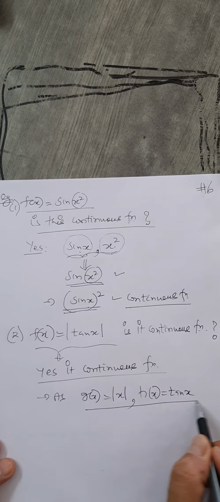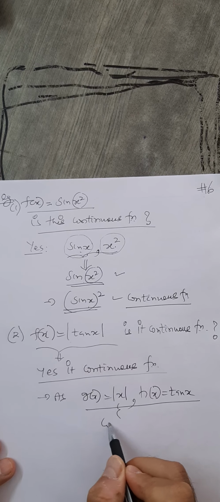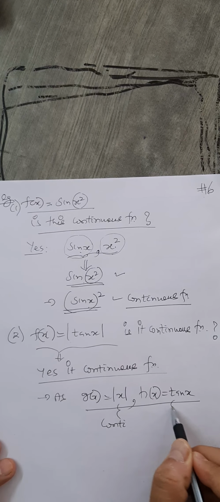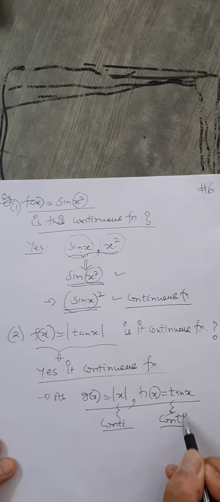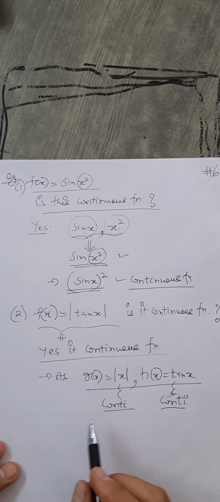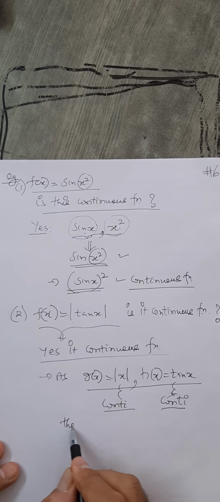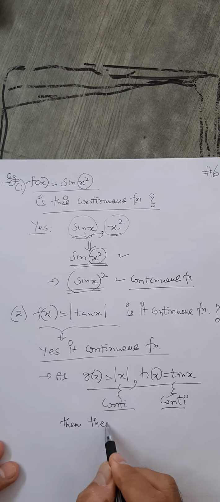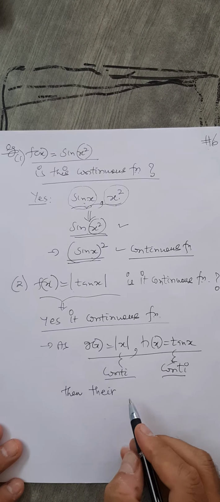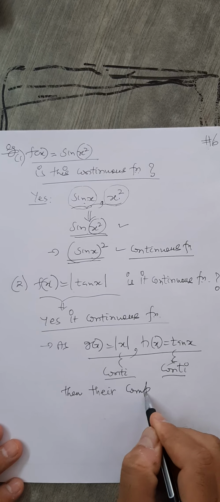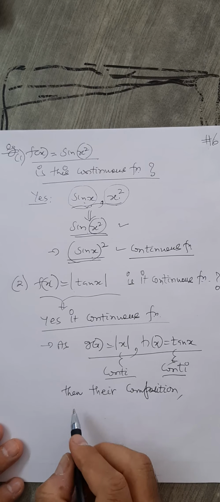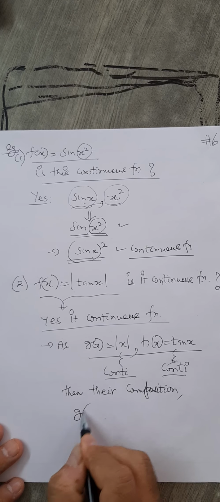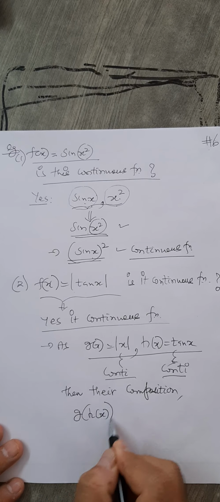Now you find their composition. You know modulus is always a continuous function. You know tan x, being trig, is always a continuous function. And you do their composition, g of h of x.